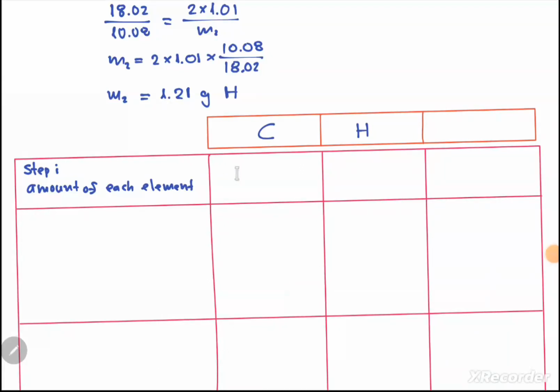That is 6.03 for carbon, 1.21 for hydrogen. Step 2.